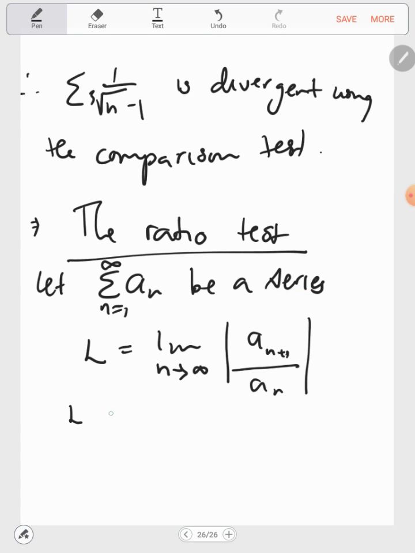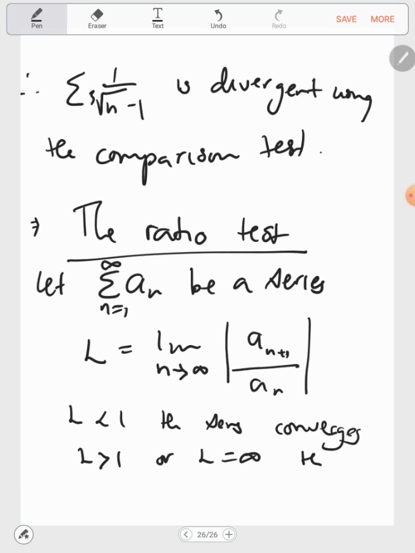If L is less than 1, then the series converges. And if L is greater than 1 or L is equal to infinity, then the series diverges.